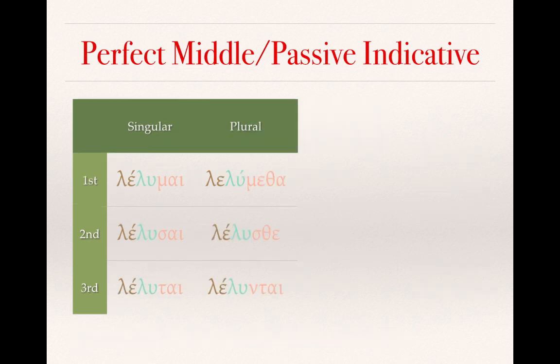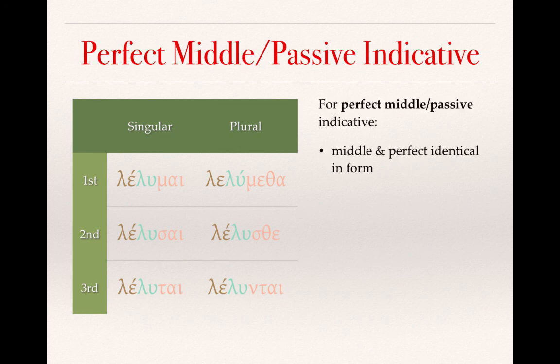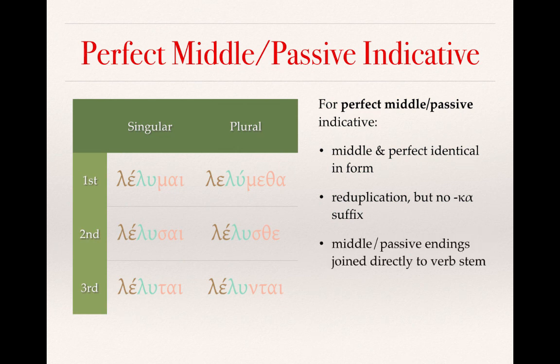Once again, just a few notes about the perfect middle passive indicative. You can see that the middle and the passive are identical in form, so that's why I've used the slash between middle and passive above. You'll see that there is reduplication as there is in the perfect active, but unfortunately there is no ka suffix. You'll also notice that the middle passive endings are joined directly to the verb stem.